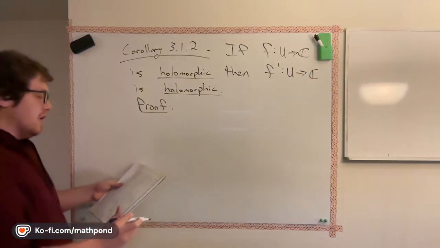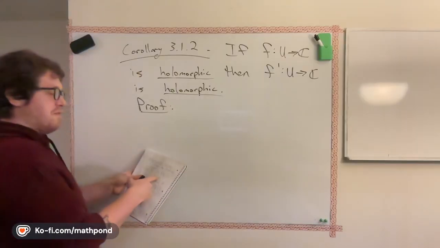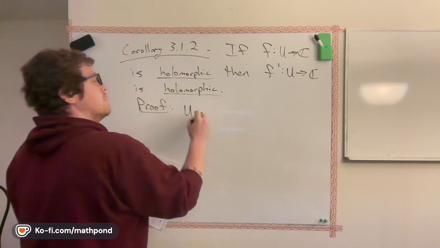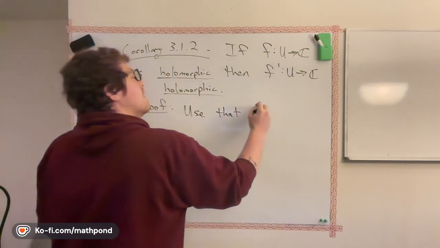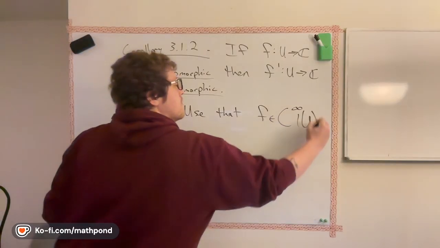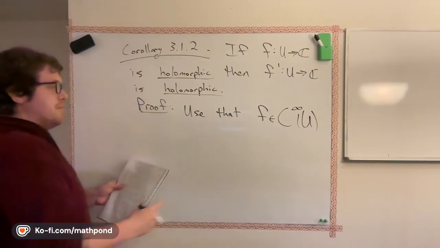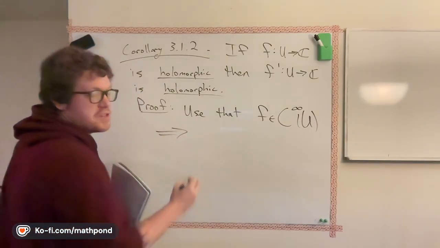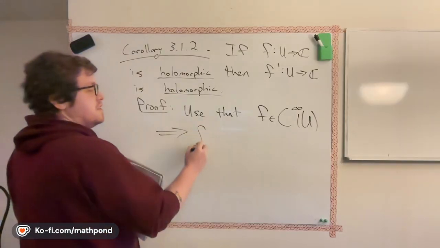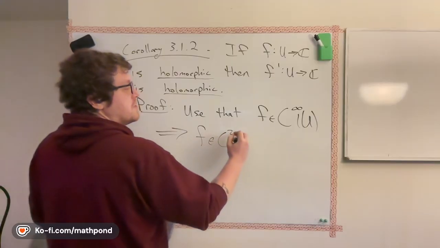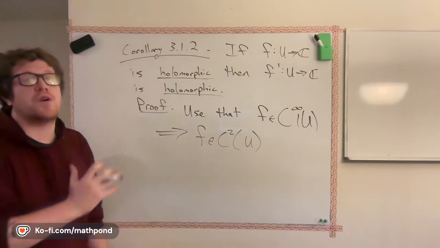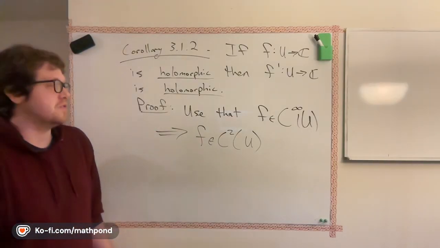So, use the fact that f is C infinity on U by the last result, because it has all these infinite derivatives. So then obviously it's C2, so the mixed partial derivatives commute, and we need that to be able to use this argument.